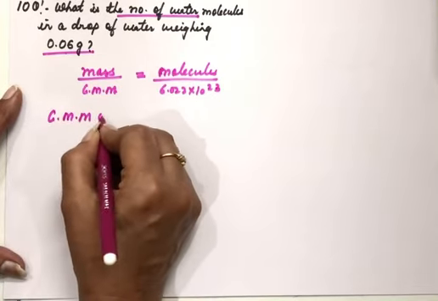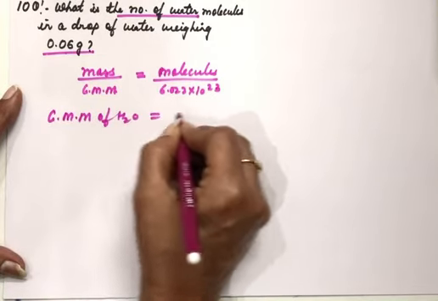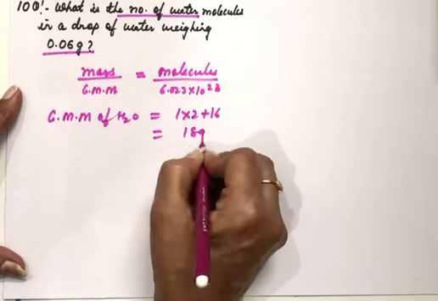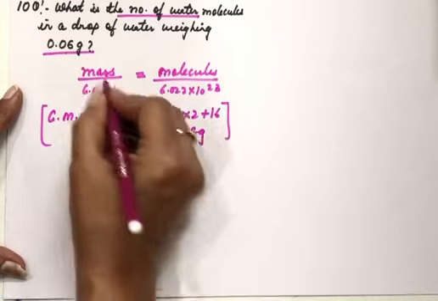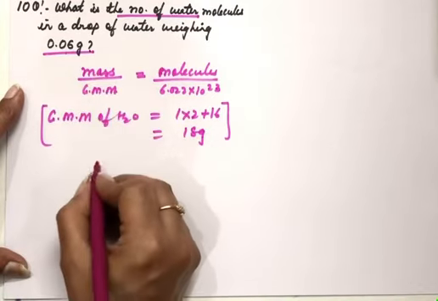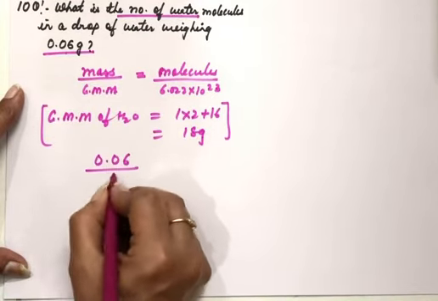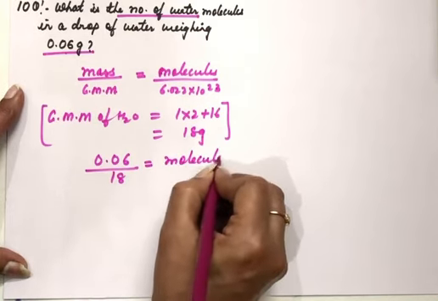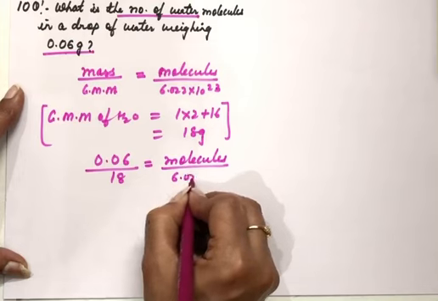Gram molecular mass of water is equal to 1 into 2 plus 16, which is 18 grams. This we will fill in the formula. Mass is 0.06, gram molecular mass 18. Molecules we need to find out, divided by Avogadro number.